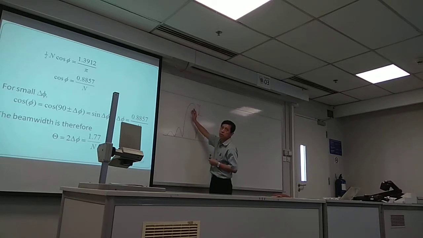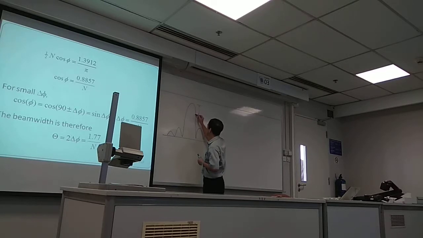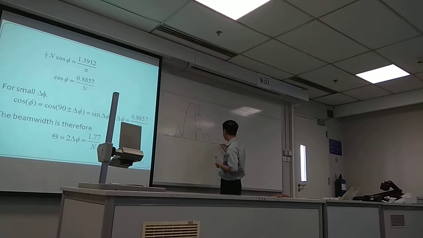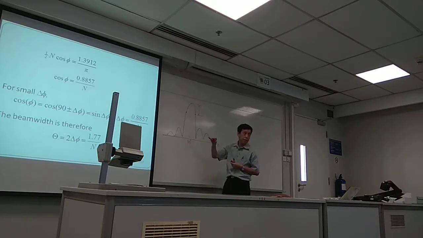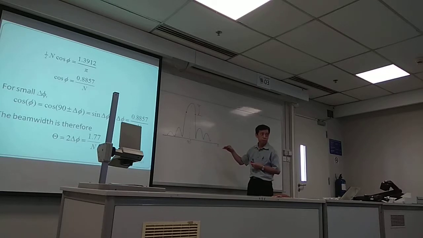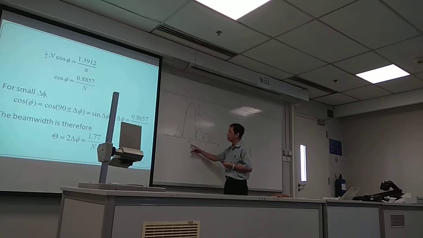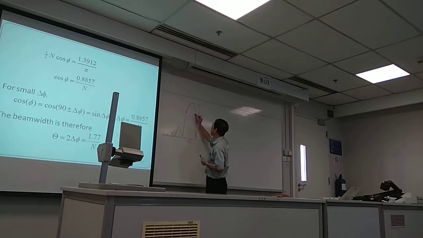Right, so if this is the gain of the system, then we are looking for these 2 points. How about the maximum gain of your array? It corresponds to 90 degrees, right? Here we are taking the array axis to be the reference axis. So therefore broadside corresponds to 90 degrees. Right? So the question here is, what is this width?